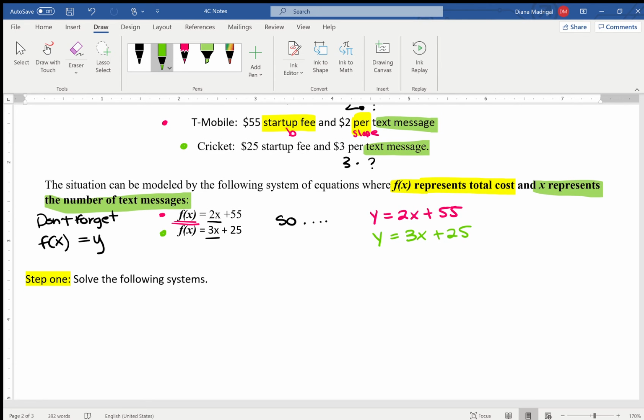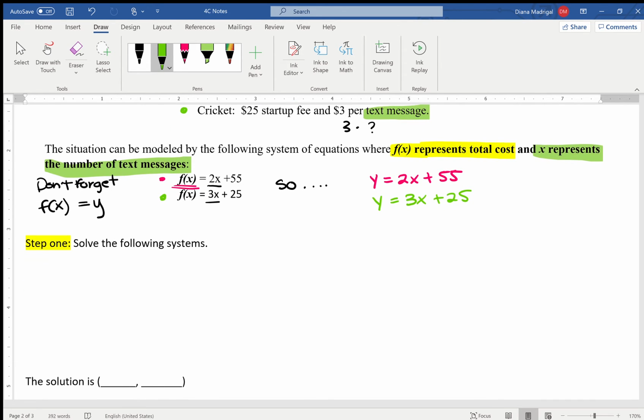Remember when I told you that when we use substitution, I can only use it when one of the equations is given to you in slope-intercept form. Substitution can only be used if the equations are in slope-intercept form, which is y equals mx plus b.